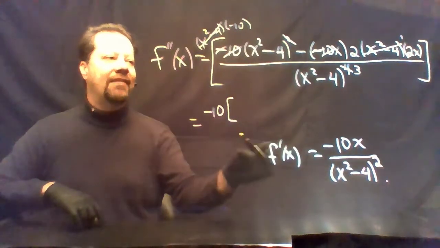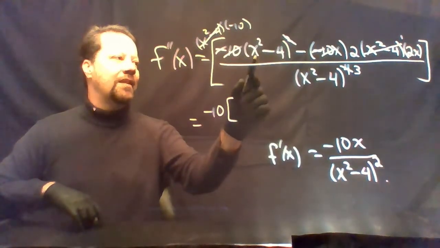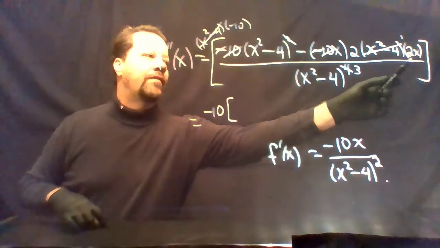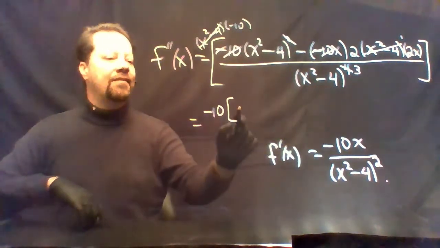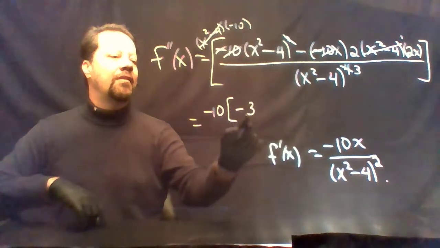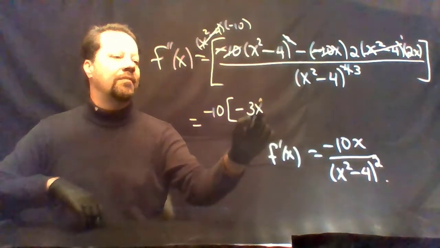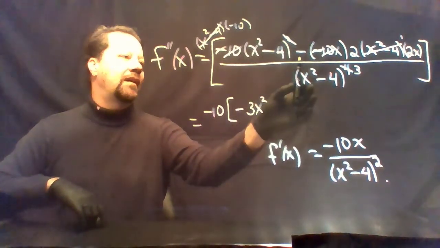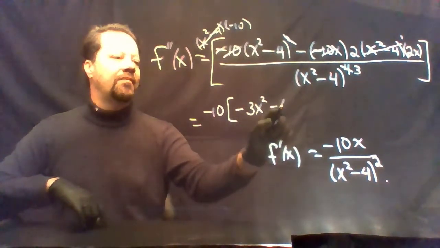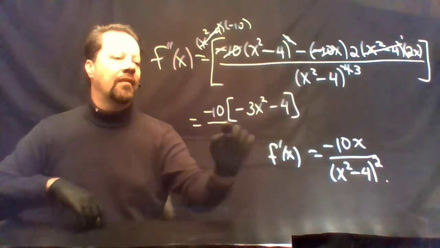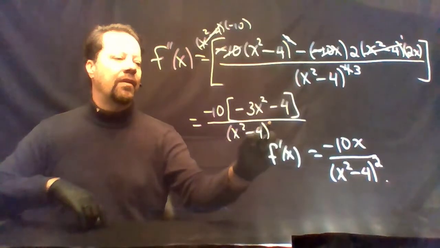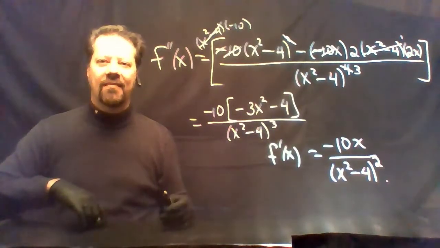So we still have a negative 10 out front. What's left over? We have x squared minus 4x squared. That gives us a minus 3x squared. We have a minus 4 and nothing else. Over the denominator, x squared minus 4 cubed.